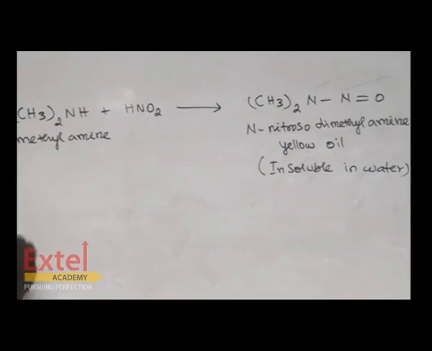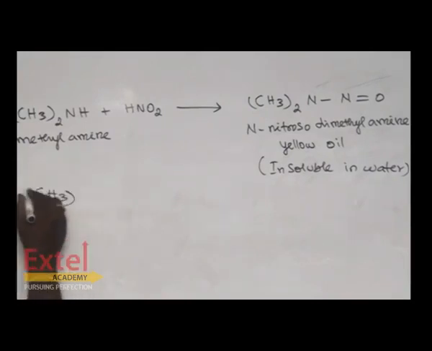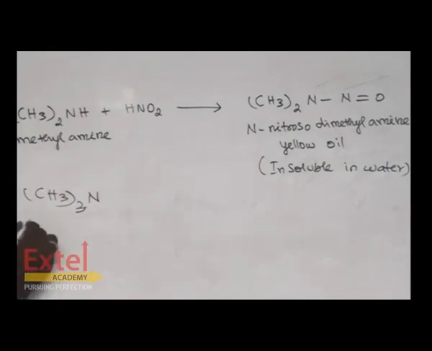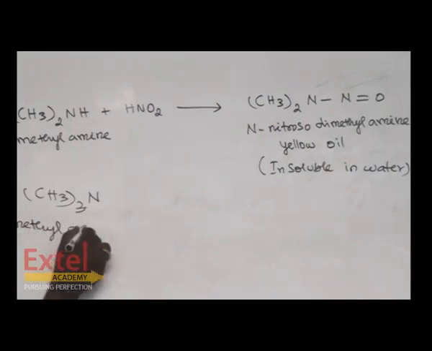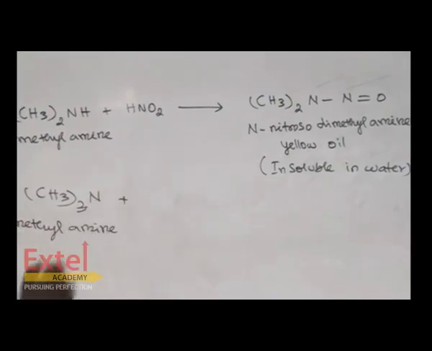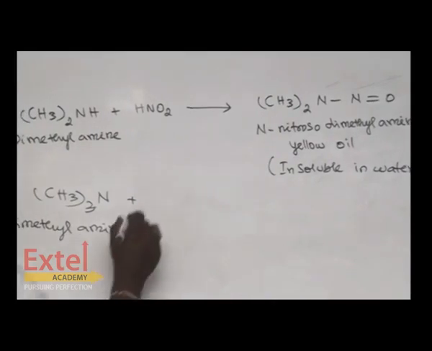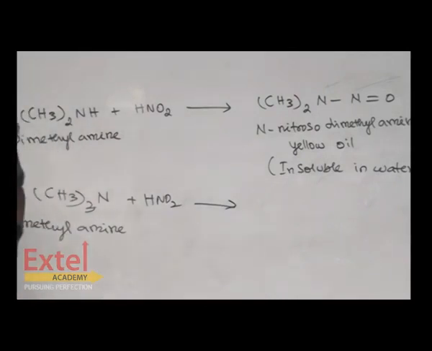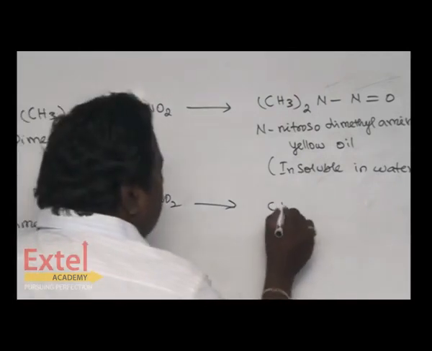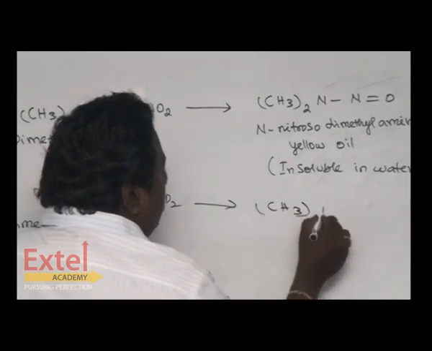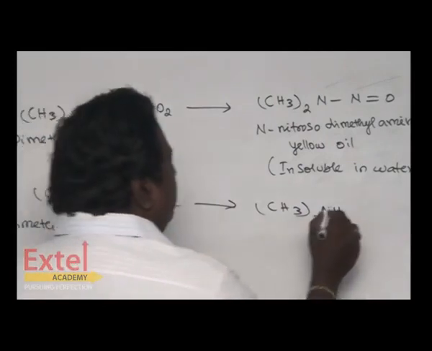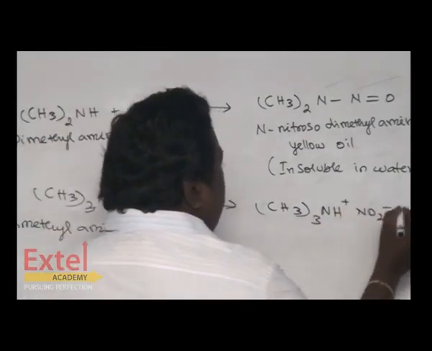Let's see the tertiary amine. Three methyl groups are connected. Trimethylamine. When trimethylamine is treated with nitrous acid, you are getting this compound, trimethyl NH+ NO2-.